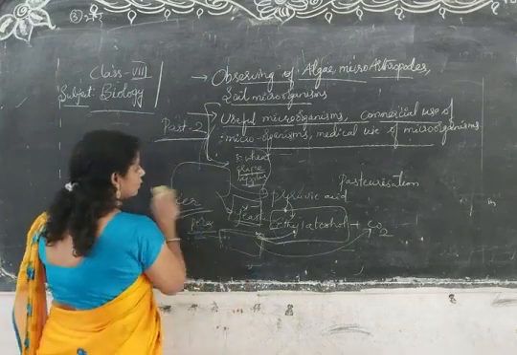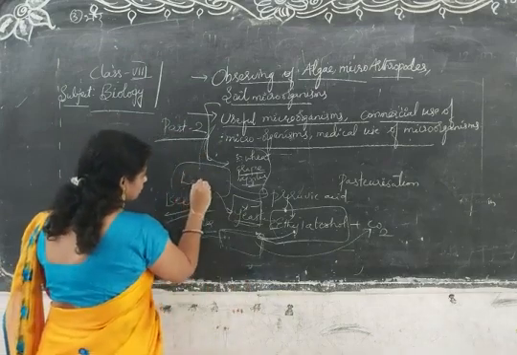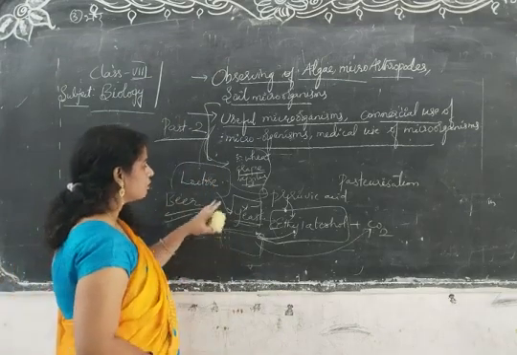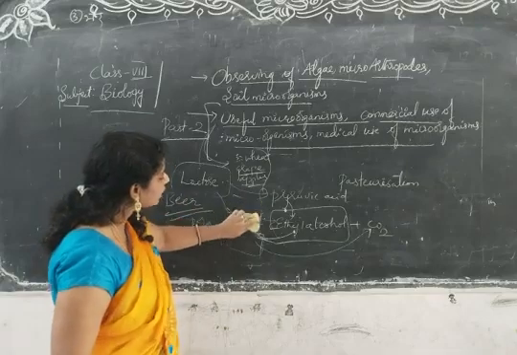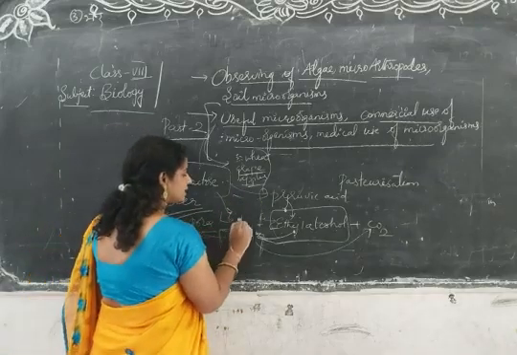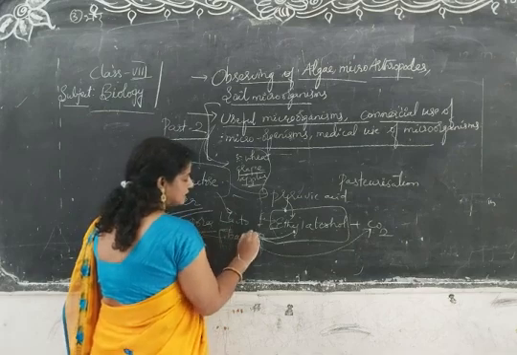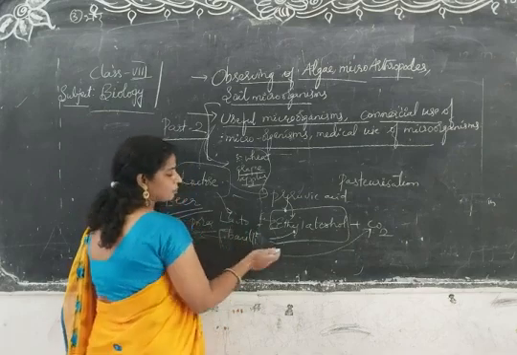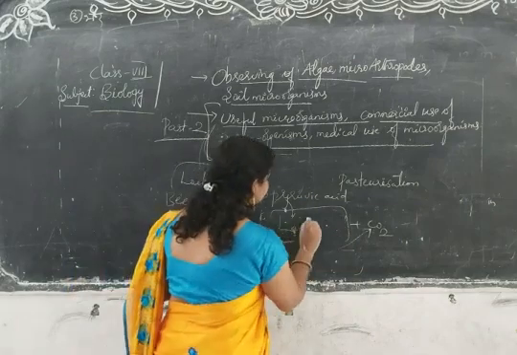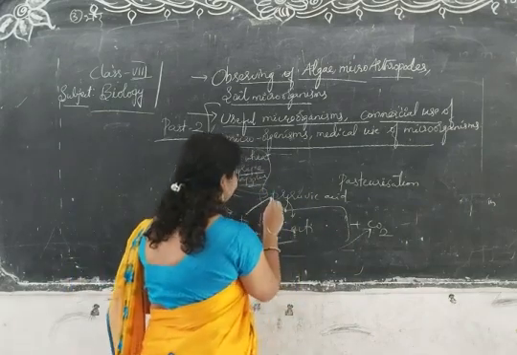Now I will go to lactose. What is the organism here? Instead of yeast, we are using lactobacilli. This is another example. What is the end product? Pyruvic acid is compulsory.